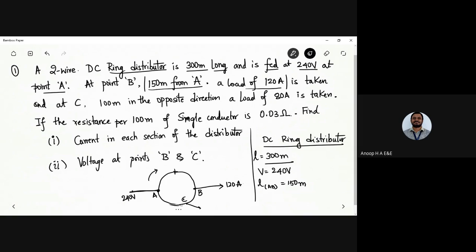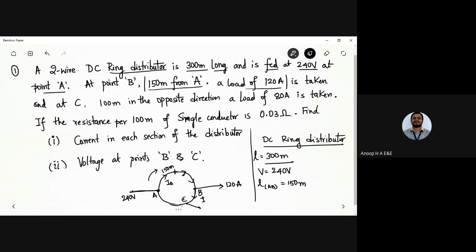This length is 150 meter, and it is taking a current of 120 amperes on the other side. I don't know what the value of the current flowing in AB would be, so I take it as IA.